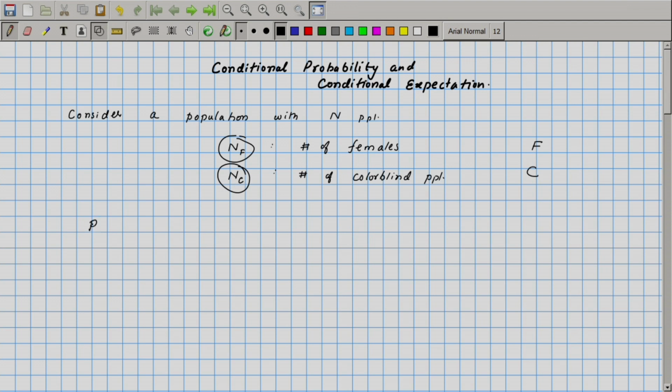Clearly, the probability of F is equal to n_f divided by the total number of people, and the probability of C is going to be equal to n_c by n.